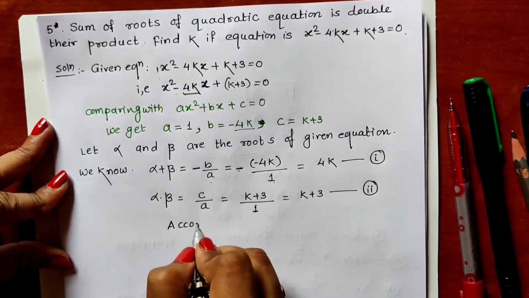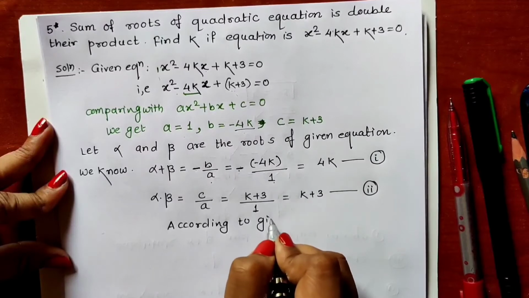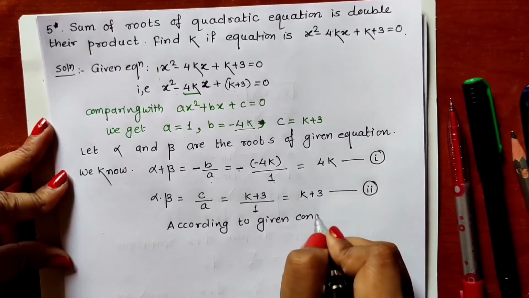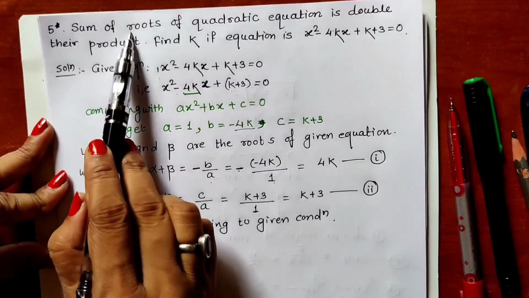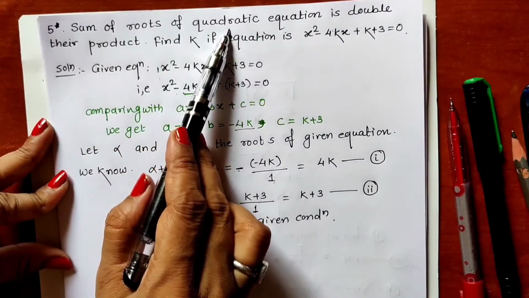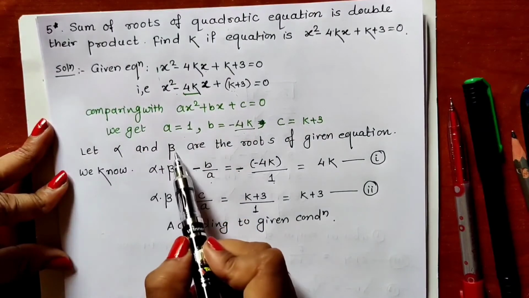Now let us see the condition. According to given condition. What is given condition? Let us read the condition. Sum of the roots of quadratic equation. Sum means total. Total of roots of quadratic equation. Which roots we have taken? Alpha and beta.